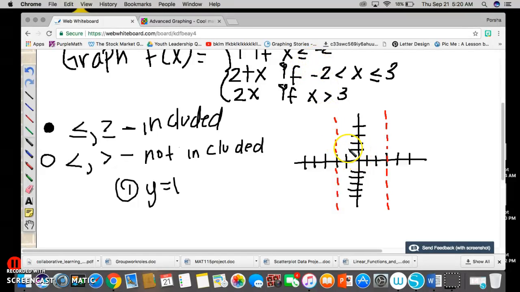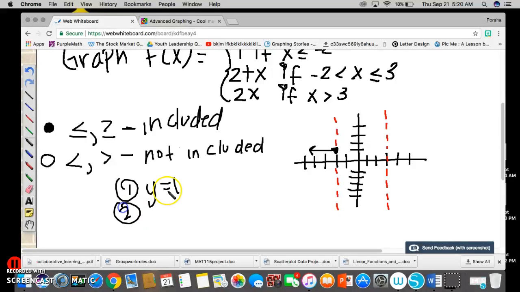So that means that it cannot go past the fence. It'll be right at less than or equal to -2. And we're going to do a closed dot. And since it's less than or equal to -2, we're going to draw an arrow over. So that's our first graph.